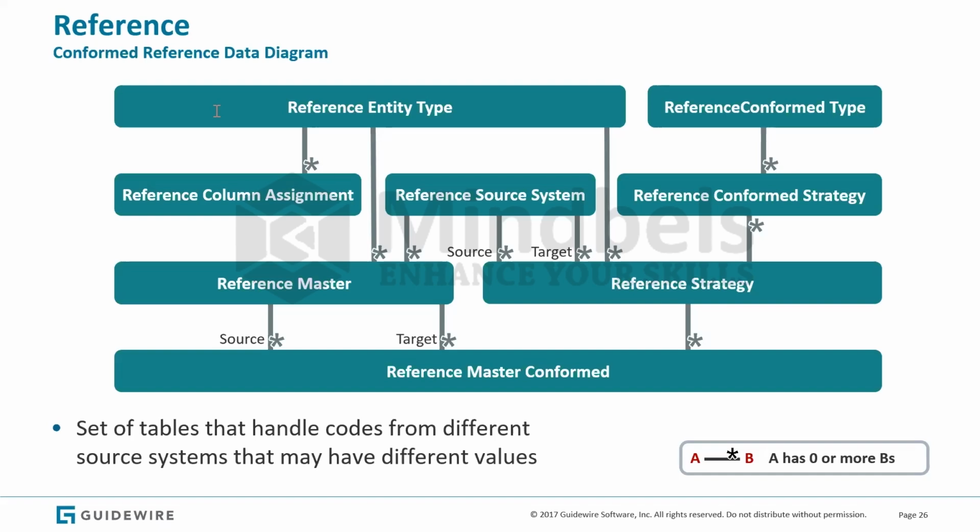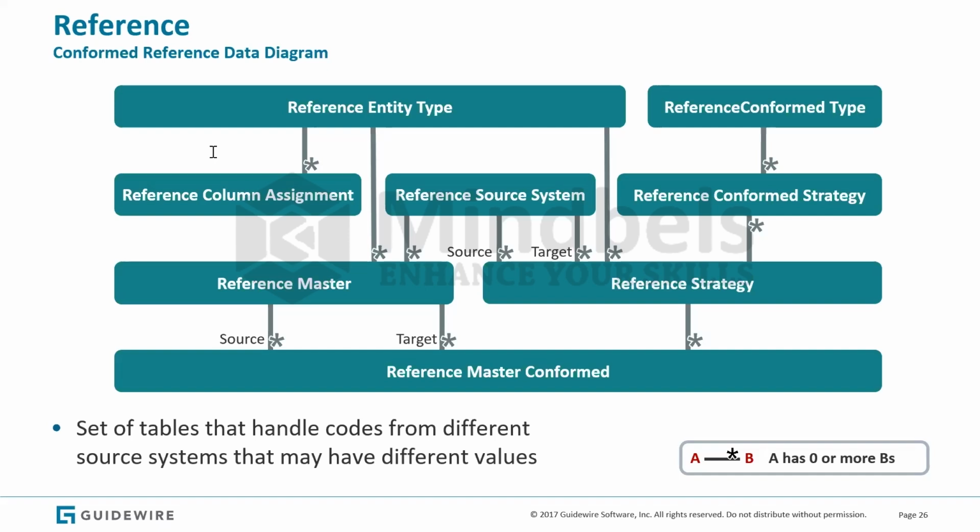It could be multiple, but in our case it is one. We have ref strategies, which will hold the reference source systems, and target reference source systems, along with the reference entity type code. These are basically to hold the data of the reference columns.